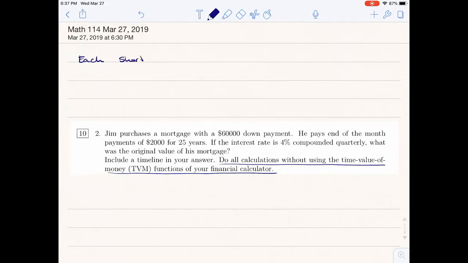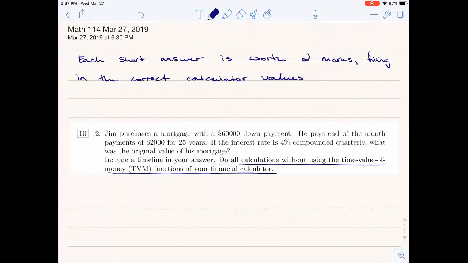Each short answer is worth 2 marks, and filling in the correct calculator values is worth 1.5 marks.